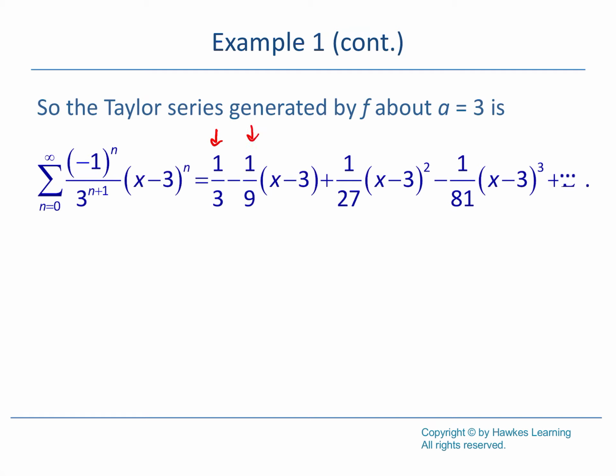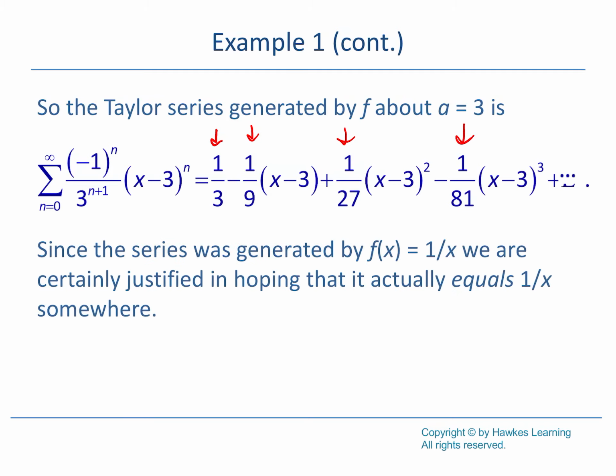There's a negative 1/3 ratio between successive terms. You multiply by negative 1/3, multiply by negative 1/3, multiply by negative 1/3. And so we're going to be able to use the geometric series formula in order to show that this converges on a certain radius around x equals 3.